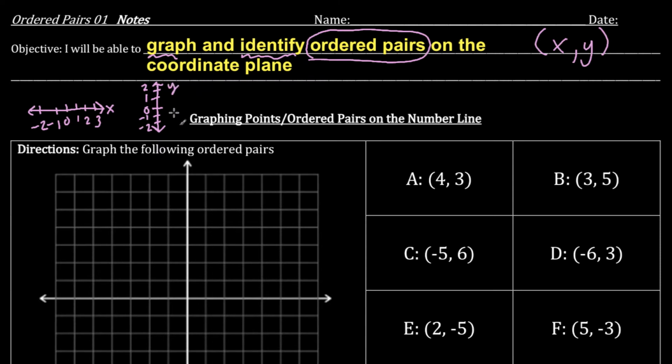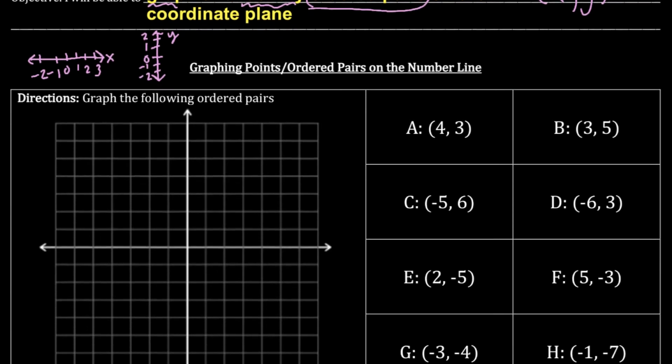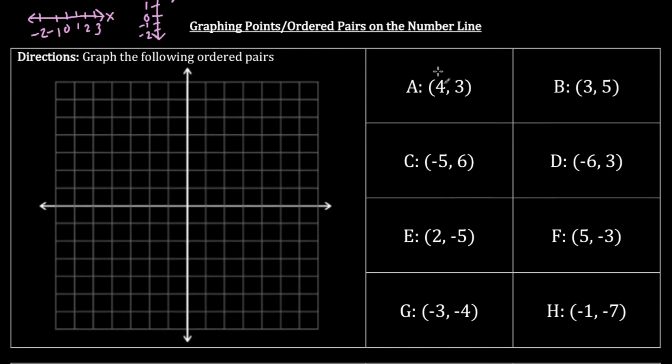But instead of calling them number lines now, we are going to call them, well, this is an x-axis. This is a y-axis. They are the x and y axes. So this is where I go on my x number line, my x-axis, and this number is where I go on my y-axis.